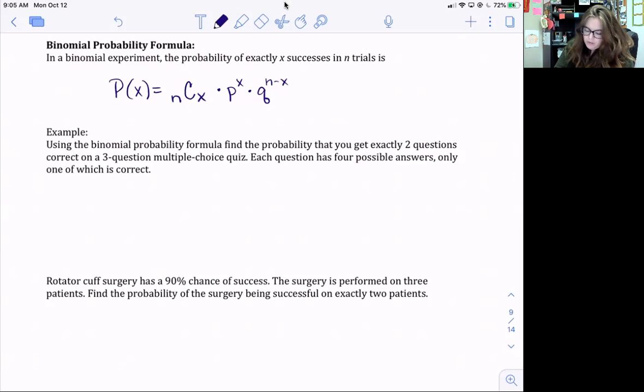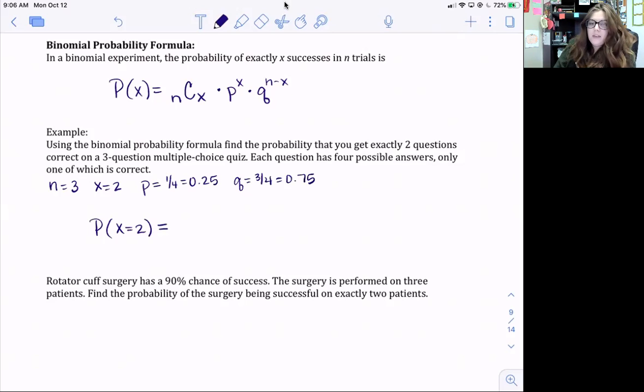Using the binomial probability formula, find the probability that you get exactly 2 questions correct on a 3-question multiple choice quiz. Each question has 4 possible answers and only 1 is correct. So we know our n value is 3. Our x value is 2, because we're finding the probability of exactly 2 questions correct. The value for p would be 1 in 4, or 0.25, which makes our q value 3/4, or 0.75.